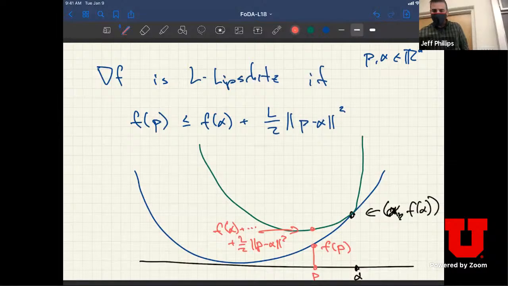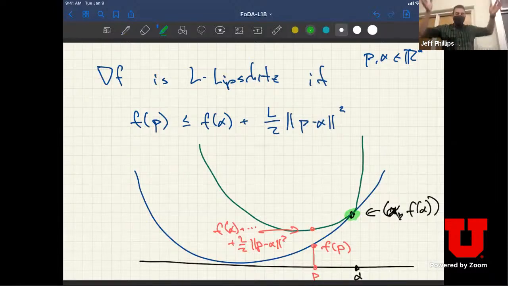And so there's this nice function that's a parabola. F does not need to be exactly a quadratic function. It could be a quartic function or something. But there's always a parabola which sits above it, that I can put at the tangent point right here, and it's going to curve faster than the underlying blue function.